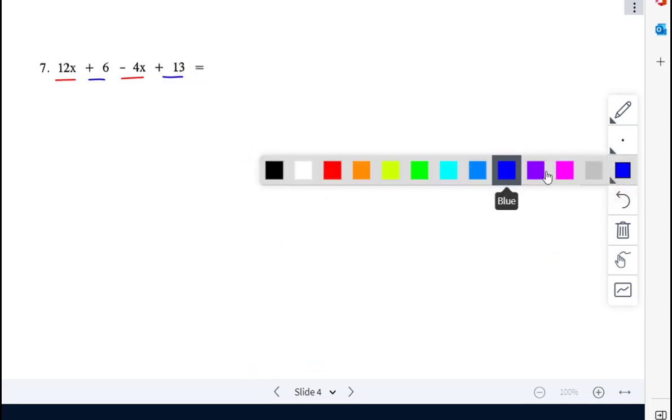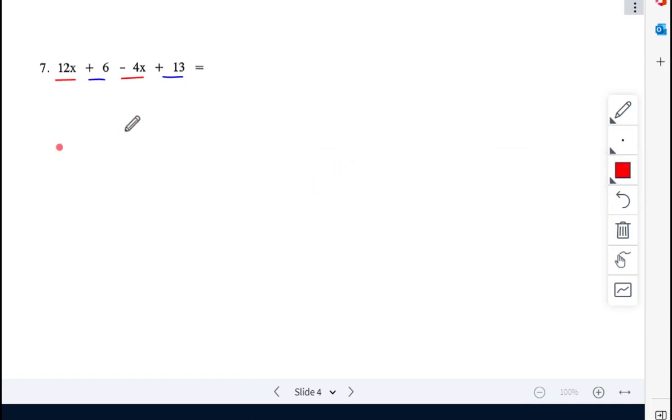You can keep track by using colors, or another method I use instead of colors is to double underline the two things that you can collect together, and maybe a single line under the other two you can collect together.